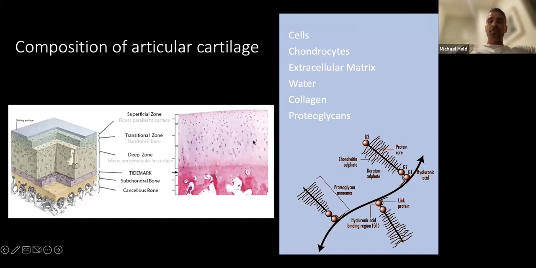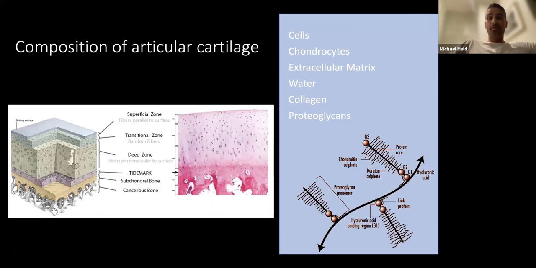The superficial zone is mainly made of collagen fibers that have a parallel orientation to accept shear forces. The transitional zone is mainly random fibers of collagen, and it has quite a lot of proteoglycans.